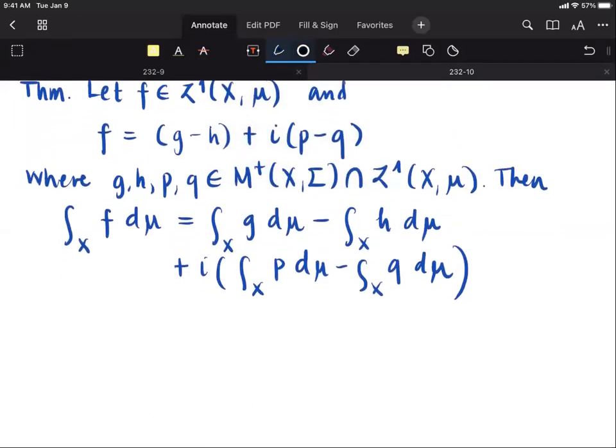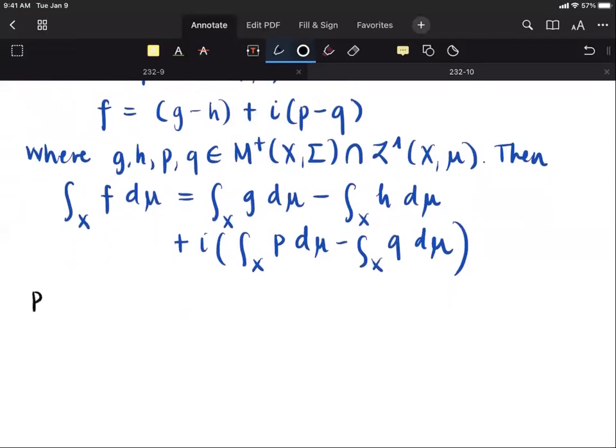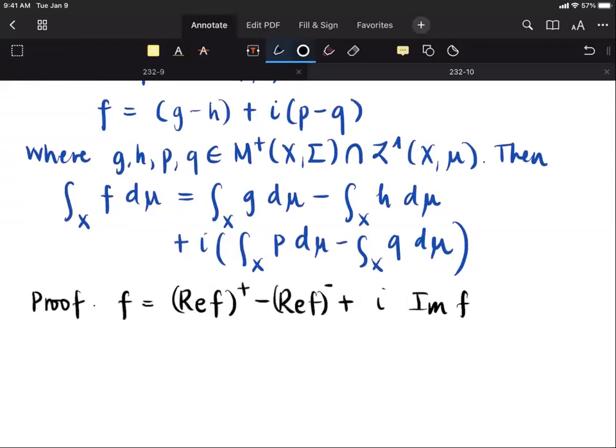So to prove this, take note that f can be written as the real part of f plus i times the imaginary part of f. And then we split this into the positive part and negative part, okay, so that's for the real part, and we do this for the imaginary part as well.